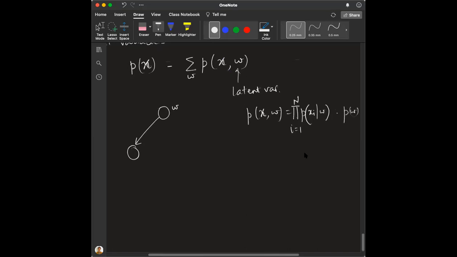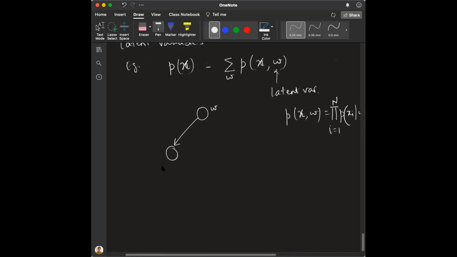So the model will be x1, x2, and all these up to xn.